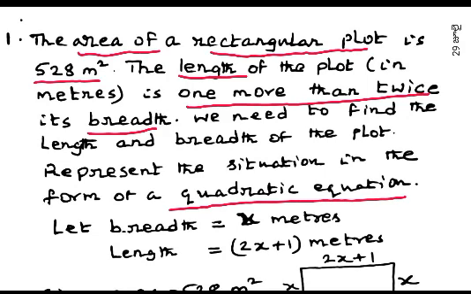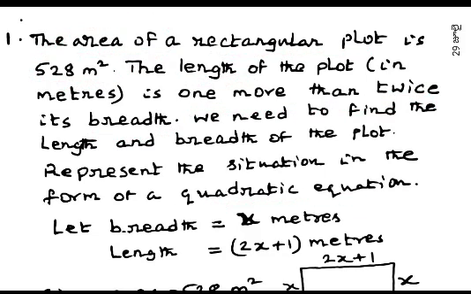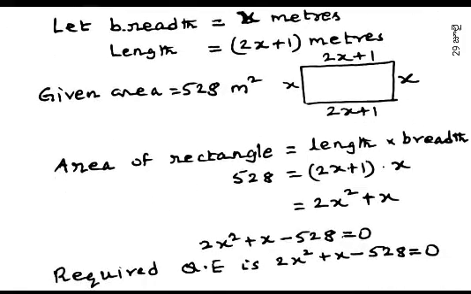Area is given. Area is 528 square meters. Length is equal to one more than twice its breadth. Now, we note down the given data.